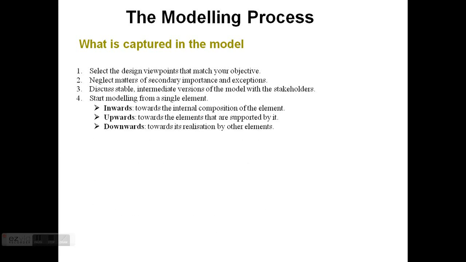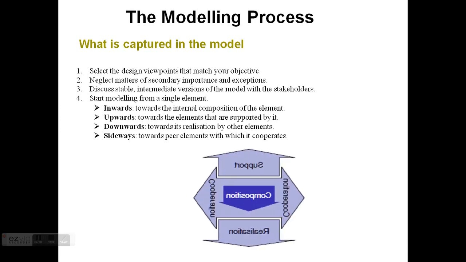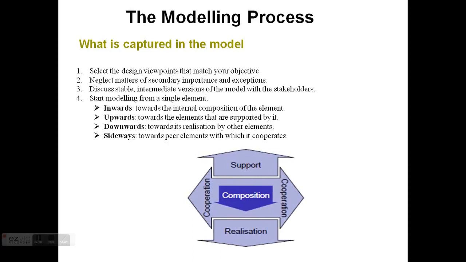Downwards, it's realization by other elements. So is this an abstract element that other elements will be realizing? Also sideways, are there peer elements with which it cooperates? So this is an illustration of the list.